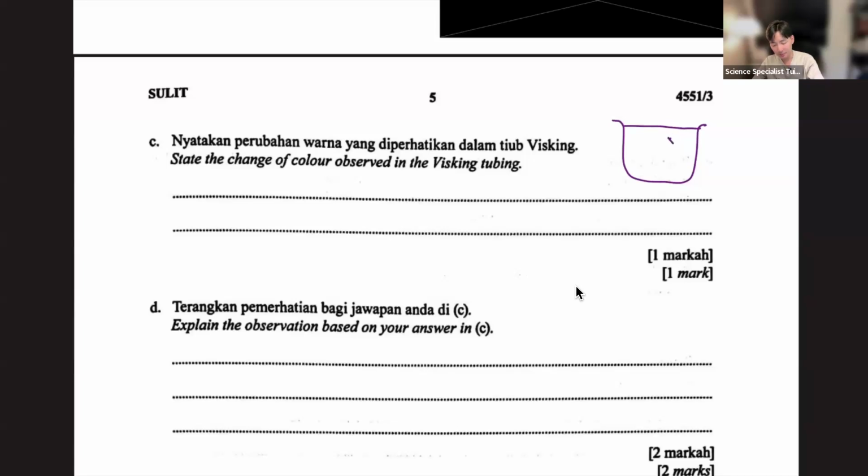Even though you haven't started the experiment, you must have a little bit of imagination. This is hypothesis. Here you have starch. Here is iodine. So you got starch and you have iodine here. What will happen to the observation? What do you think they will change?